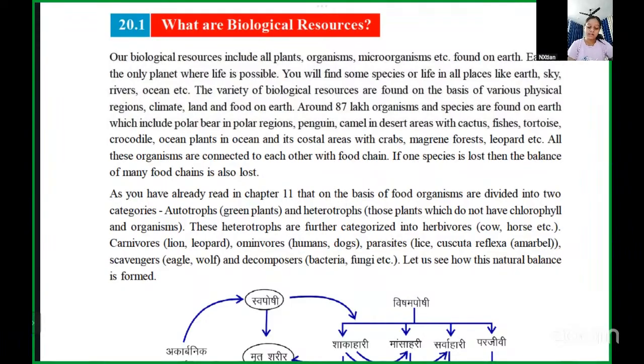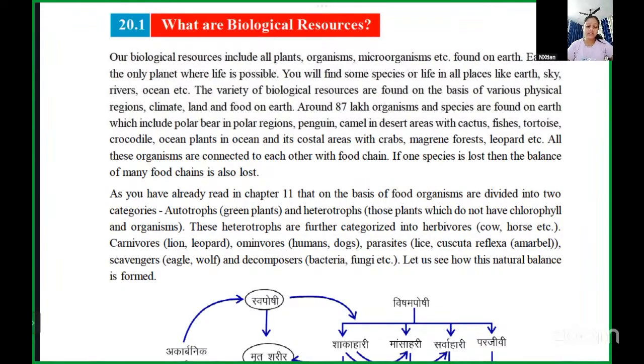You will find some species or life in all places like the earth, sky, rivers, ocean, etc. Right now, there are different species. Some on the earth, on the ground, some in the sky, the flying ones, some in the rivers, in the oceans, etc.